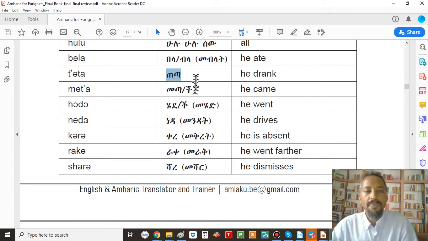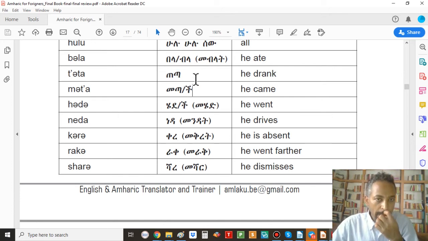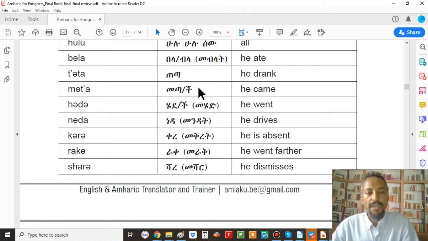So this can be used in different ways depending on context. The next two-sound word is metta. The letter after the slash is a gender marker, a feminine marker. If you say metach, it will be she came. But only the first two sounds, meta, is he came.